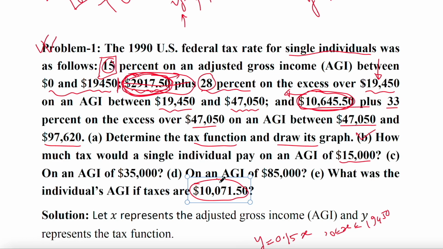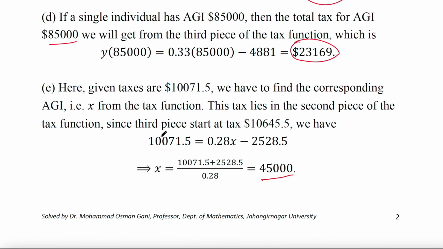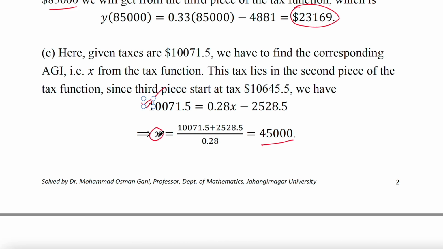Here your tax is 10,071, which is bigger than this amount and less than this amount. So you must use the second equation. If you replace y in the second equation by $10,071.5, you can calculate your AGI, which is $45,000.